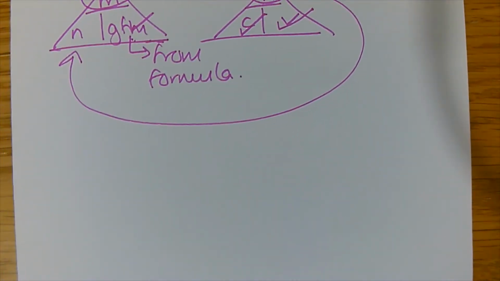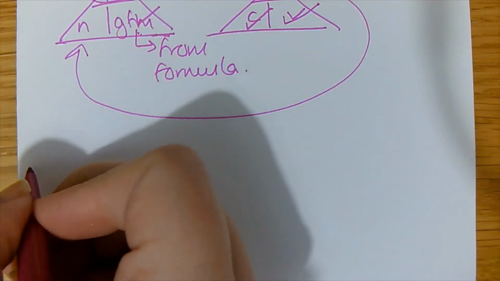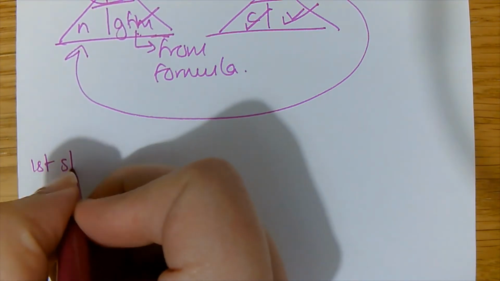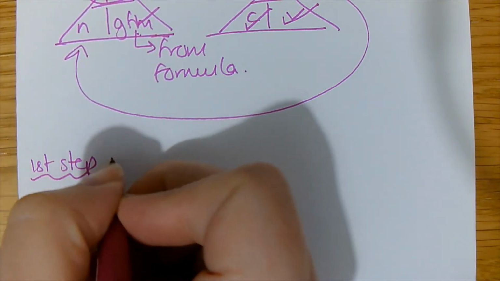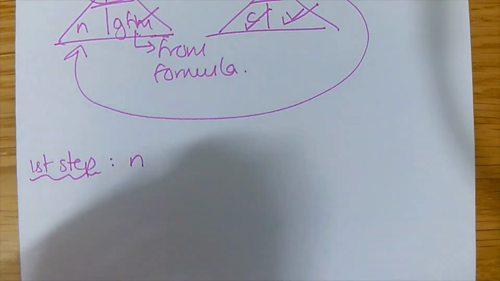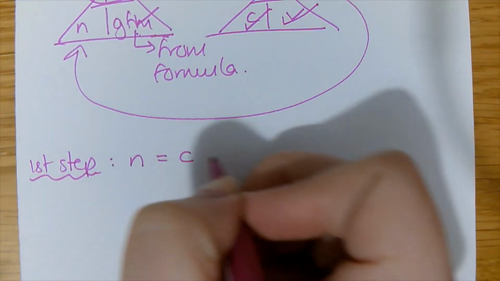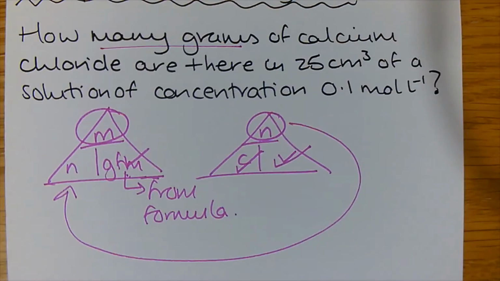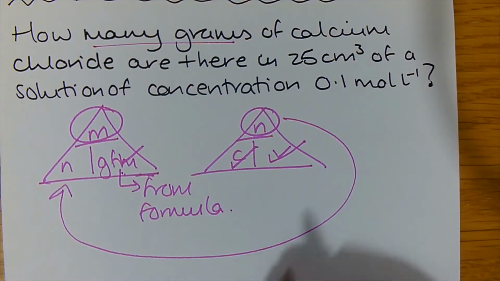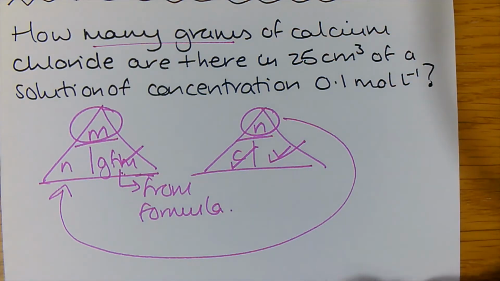So let's get started. Our first step is calculating the number of moles. Number of moles equals concentration times volume. From our information up here we can see the concentration is 0.1 moles per litre, and our volume is 25 centimetres cubed.